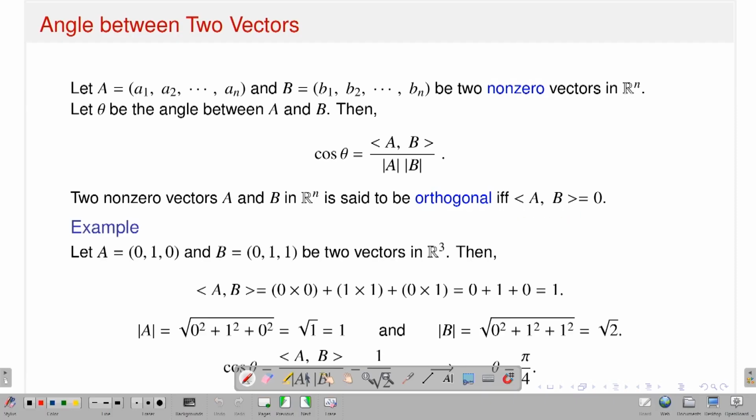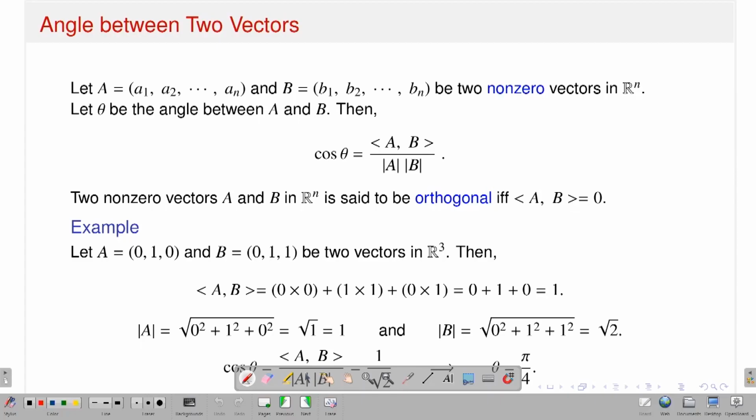I will give one example. For two vectors in R3, I want to find the angle between them. The vector A is 0, 1, 0 and the vector B is 0, 1, 1. The dot product between these two vectors is 1, the magnitude of A is 1, and the magnitude of B is root 2.